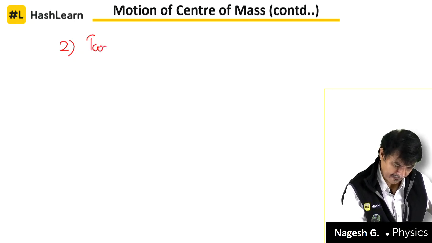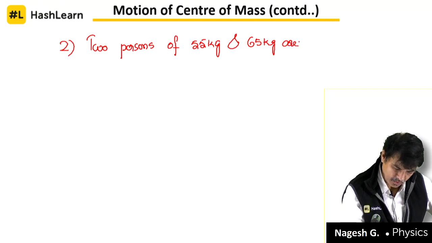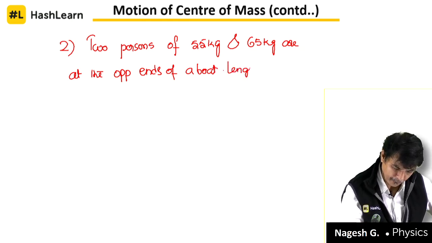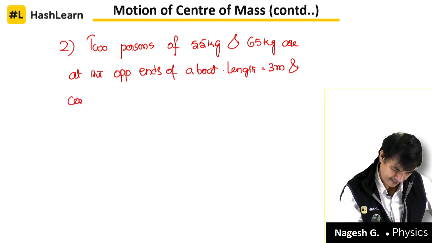Two persons of masses 55 kg and 65 kg are at the opposite ends of a boat. Length of the boat is equal to 3 meter and it is weighing 100 kg.